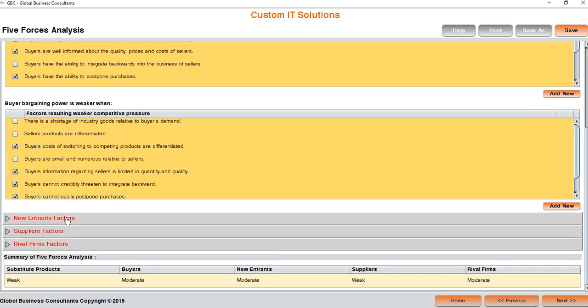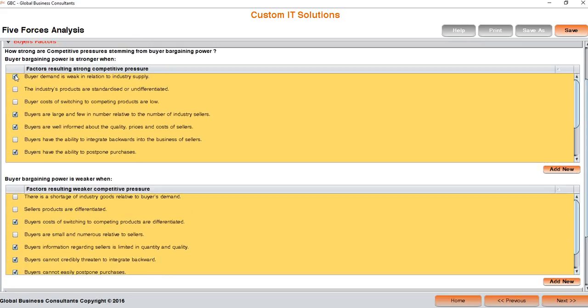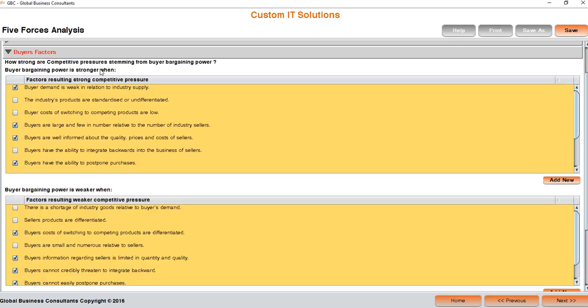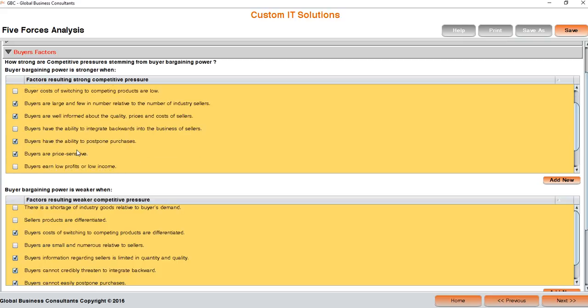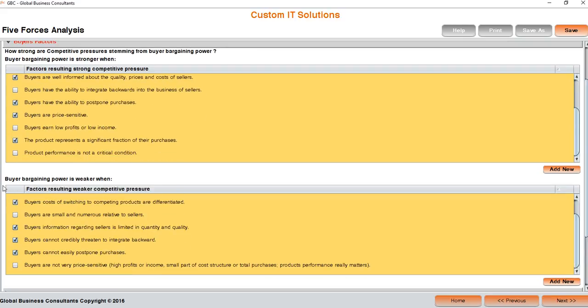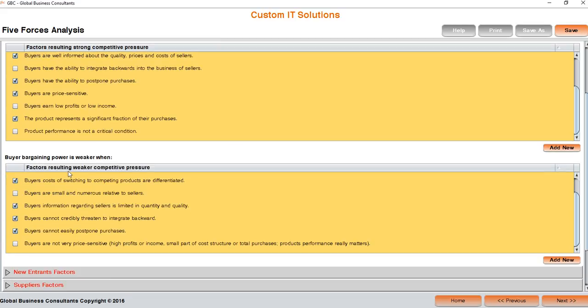Next, I'm going to click on buyer factors, and again, in the spirit of time, I've already been through these and selected factors that are relevant to my company, custom IT solutions. In this case, for competitive pressures stemming from buyer bargaining power, I've evaluated how strong it is, and basically I've selected that demand is weak in relation to supply, buyers are large and few in number relative to the number of industry sellers, etc. Then I've selected factors relevant to buyer bargaining power, which is generally weaker when you select any of these factors.